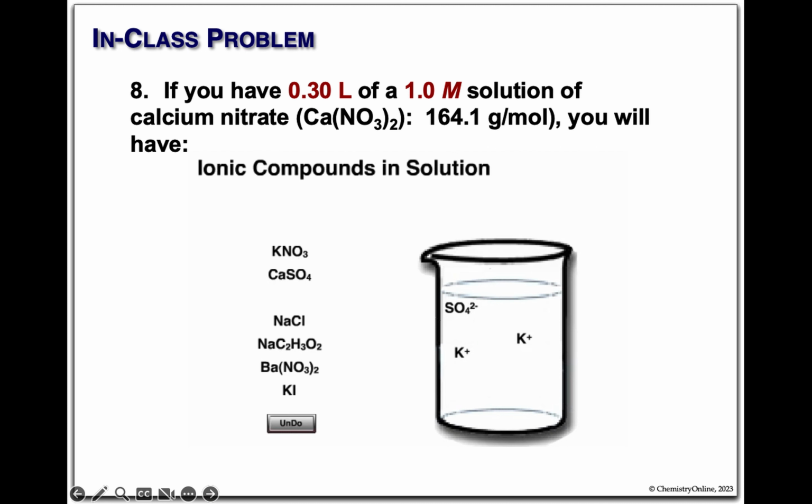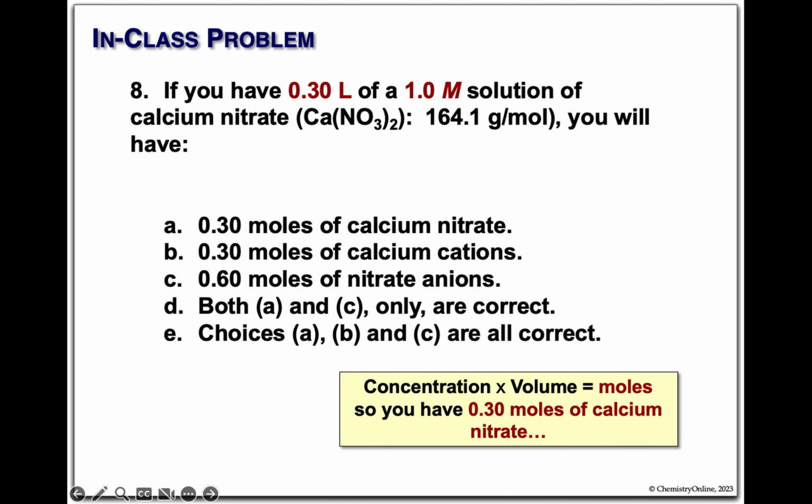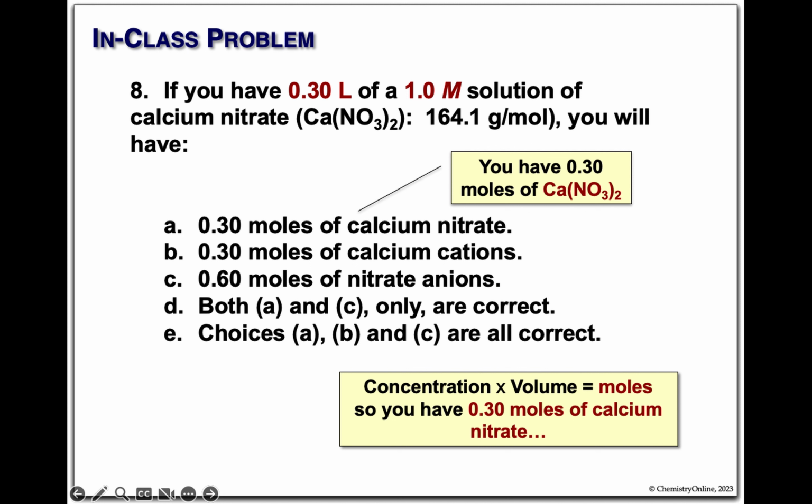So if we go back to our original problem here, 0.3 moles of calcium cations, well, the mole ratio here is 1 to 1, isn't it? If we have 0.3 calcium nitrates, we have 0.3 calciums. 0.6 moles of nitrate.